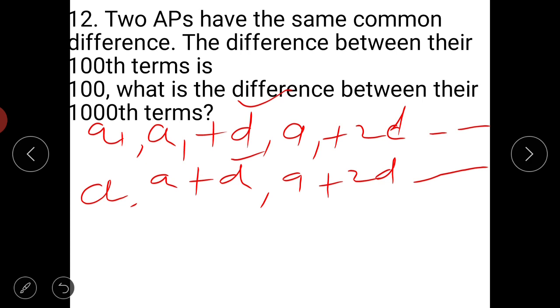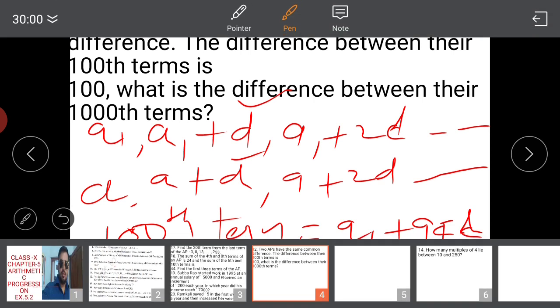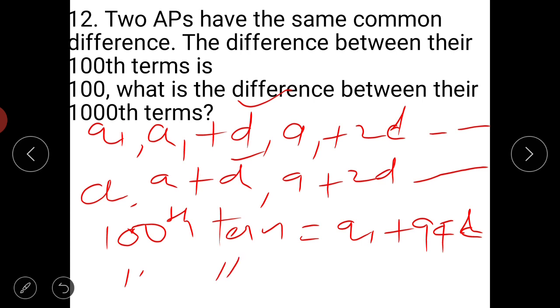It is said that the difference between their 100th terms is 100. The 100th term of the first AP will be A1 plus 99D. The 100th term of the second AP is A plus 99D.